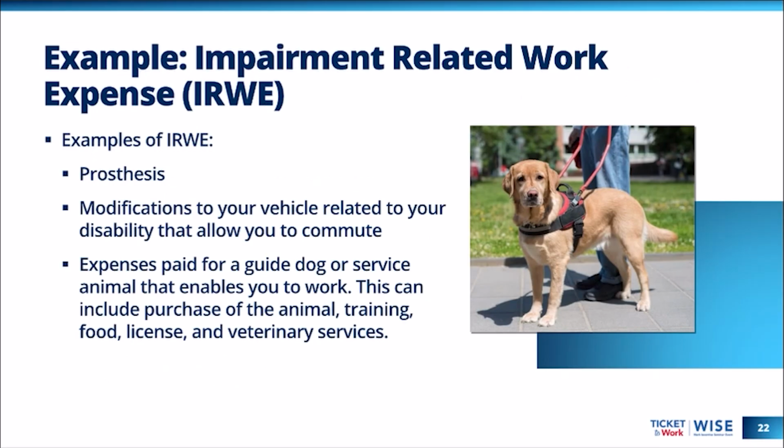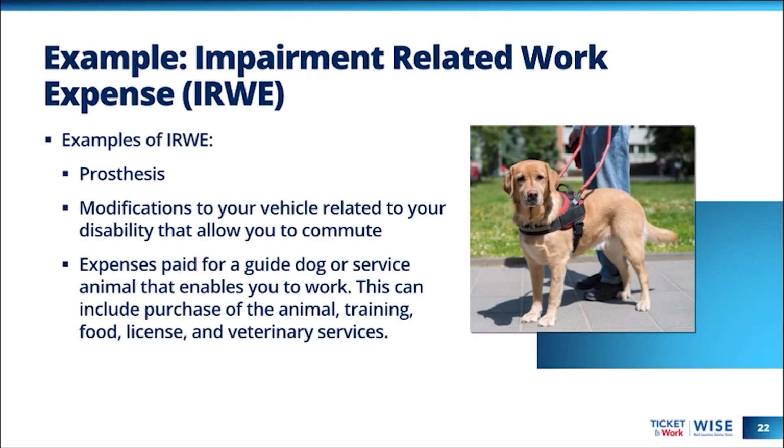An example of impairment-related work expenses. Some examples are a prosthesis. If I have lost my lower left arm, I'm going to need a prosthesis. I'm going to have to learn how to use that. How do I type with a prosthesis? Take a class, right? We can maybe do that.